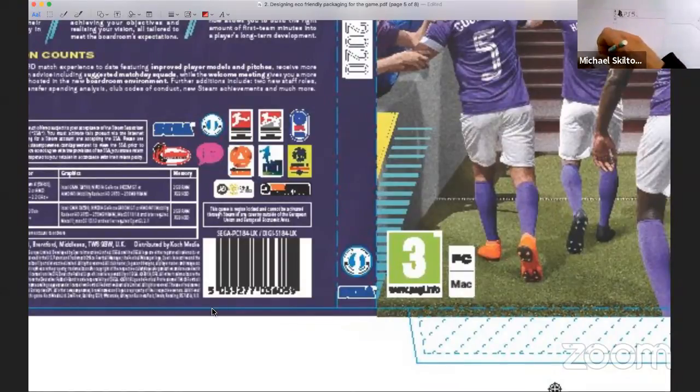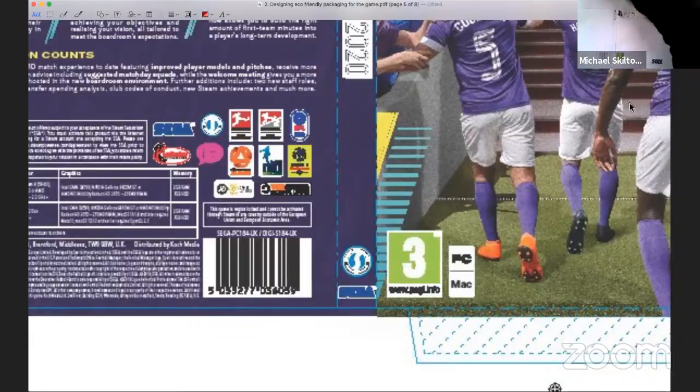Now, sometimes you can break out of this with your game designs by instead producing covers or steel books or anything like that. But for the time being, guys, we're just going to stick to the conventions of producing the barcode.